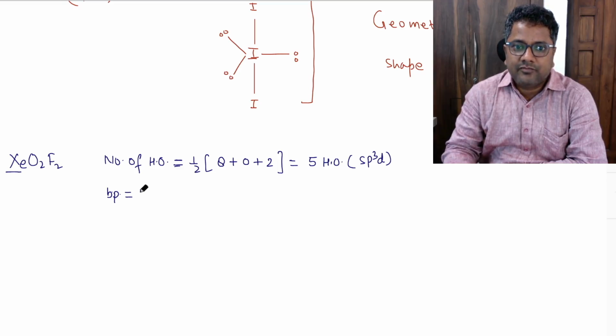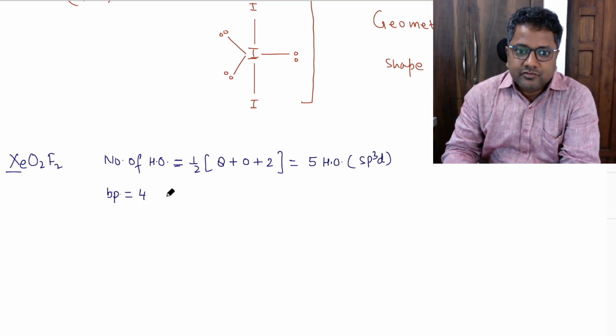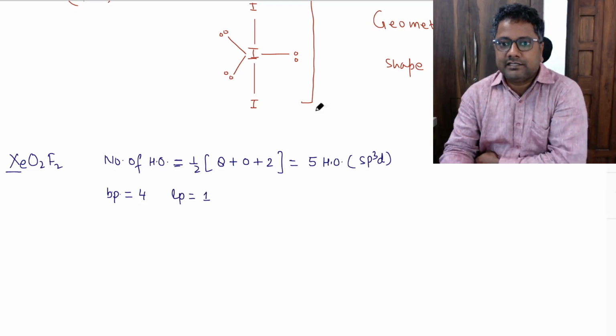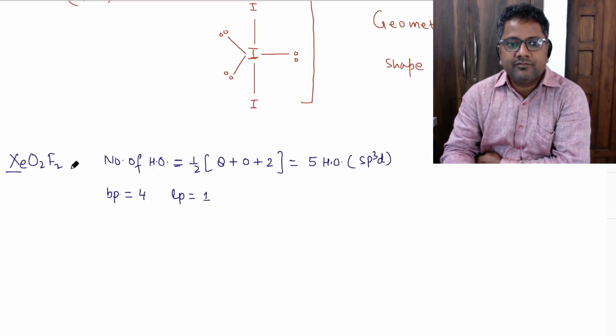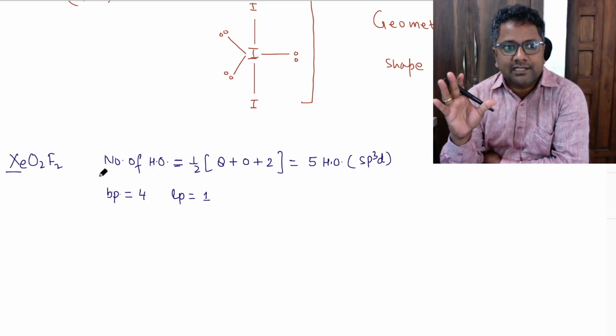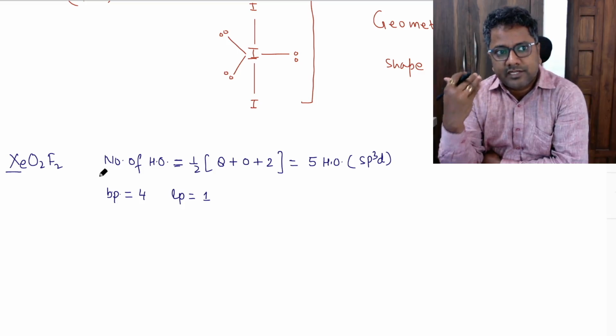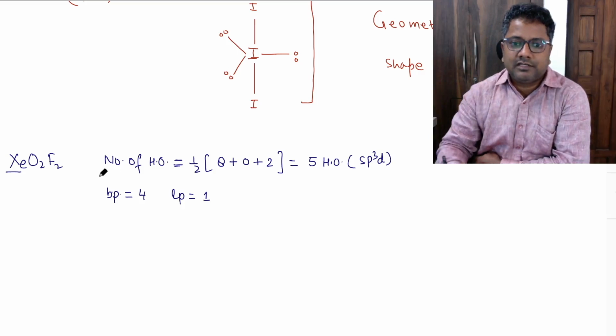So bond pair 4, and total 5 hybrid orbitals means 5 electron pairs. So lone pair 1. As per Bent's rule, lone pair will go here. See, lone pair, oxygen and fluorine. Which one is the most electronegative? Fluorine. So put the fluorine axial, and whatever is left, put on the equatorial.